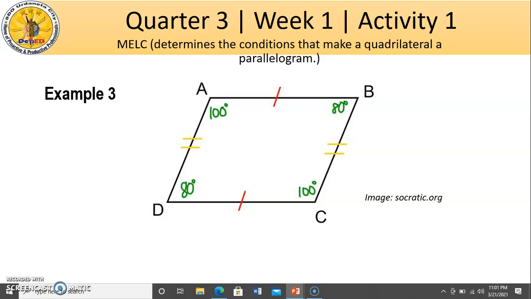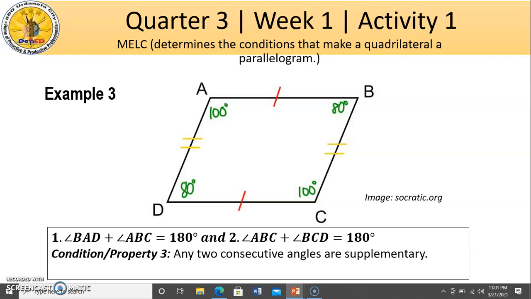Third example, again, parallelogram ABCD. We have, number 1, angle BAD plus angle ABC equals 180 degrees. Then second, angle ABC plus angle BCD equals 180 degrees. So the condition used is property number 3.